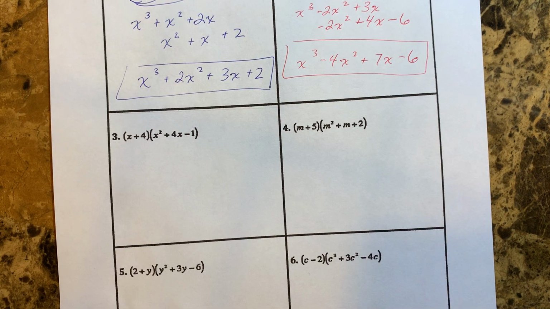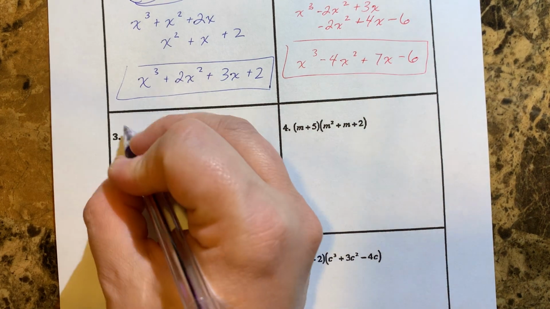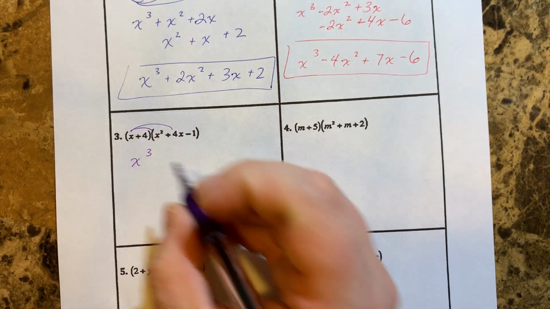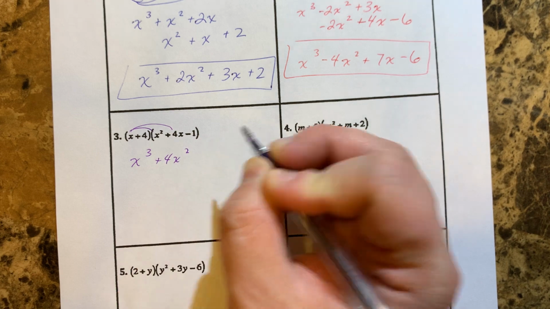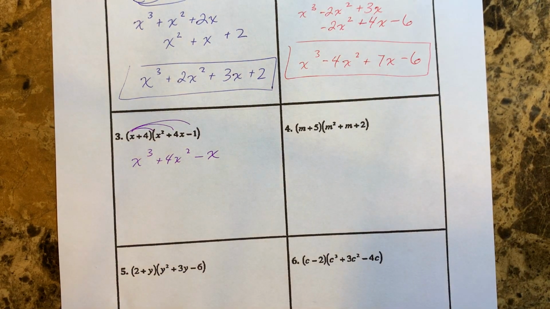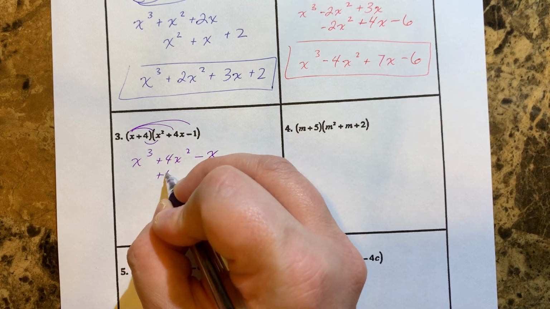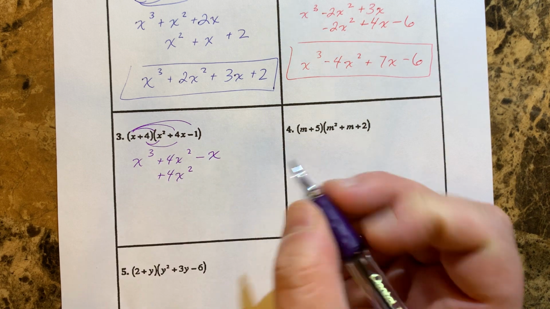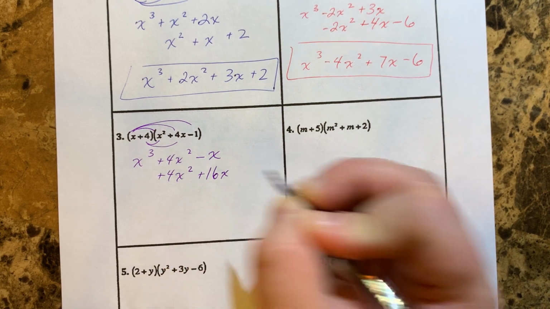All right, next one. X times x squared is x cubed. X times 4x is 4x squared. X times negative 1 is negative 1x. 4 times x squared is 4x squared, positive. 4 times 4x is positive 16x.